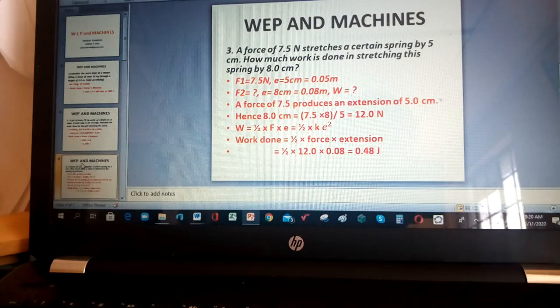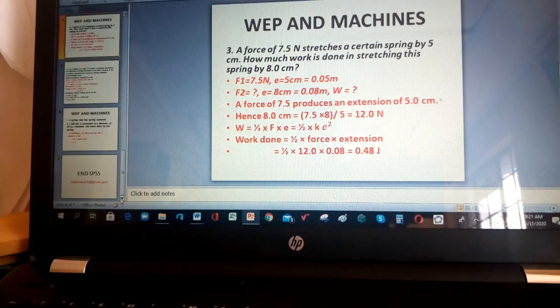As I said, knowledge is just a correct formula that is to be applied. I've given you a push in bullet 3. A force of 7.5 produces an extension of 5 centimeters. We need to know a force that will cause a stretch of 8 centimeters. When you do that, you get 12, then you apply that. Go through these again and see the approach.